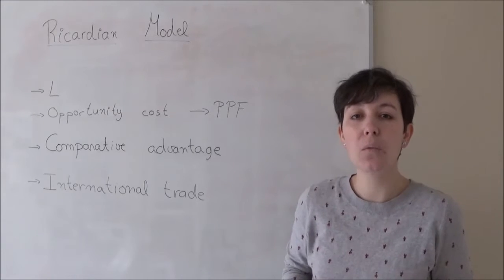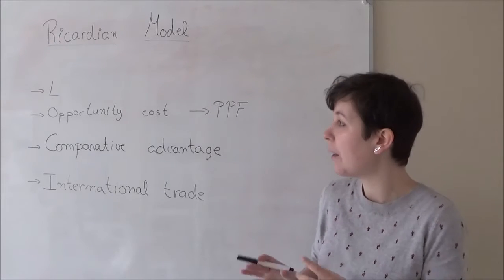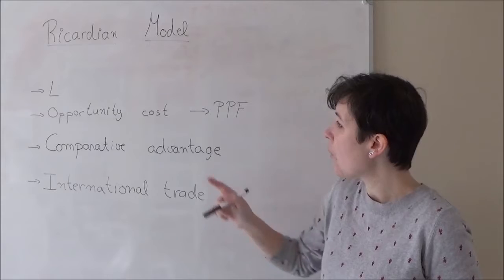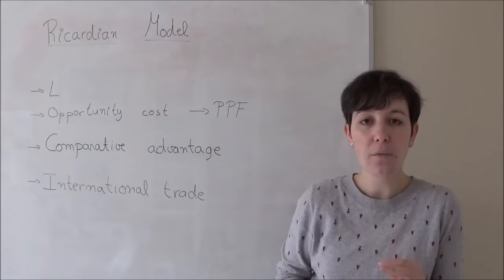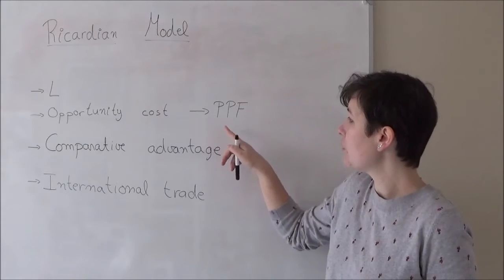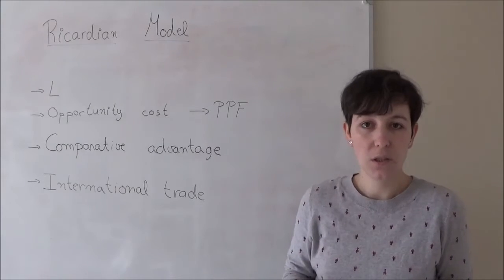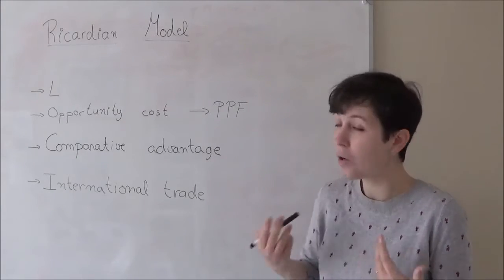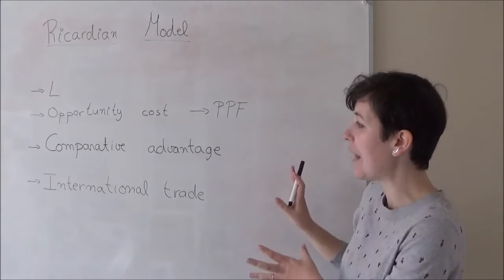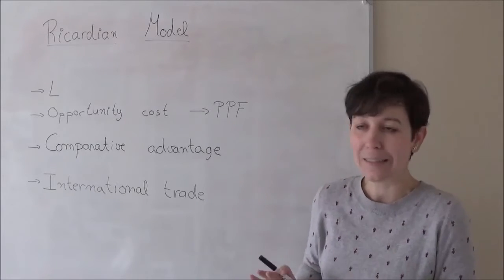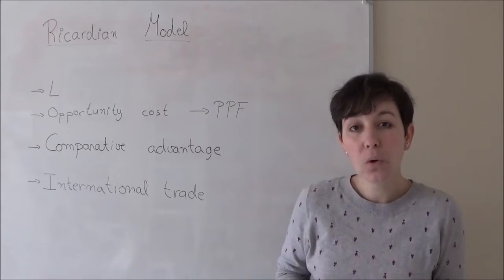That is going to be one of our key elements in this model, which is connected with one function, which is the production possibility frontiers, like the one that we are going to see later on. So this is just a basic scheme. Also, the term comparative advantage is going to be really important.